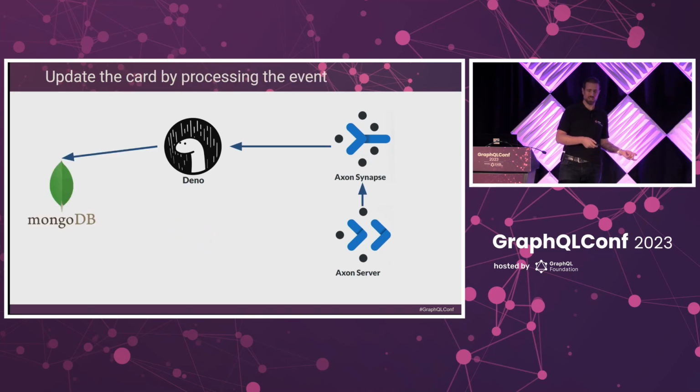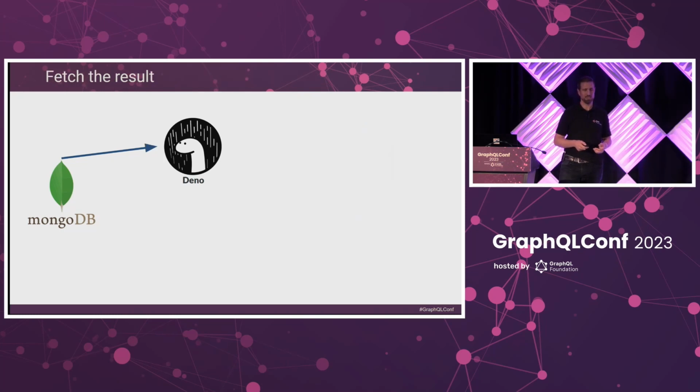And then once it's okay, it's sending the event, and Axon Server also sees, hey, there's this subscription running, and this application wants to have this event, so it's routed via Axon Synapse, ending up in Deno, and then it can update the gift card with that event. And since we received the trigger in Deno, we can then fetch the actual gift card and return it back.